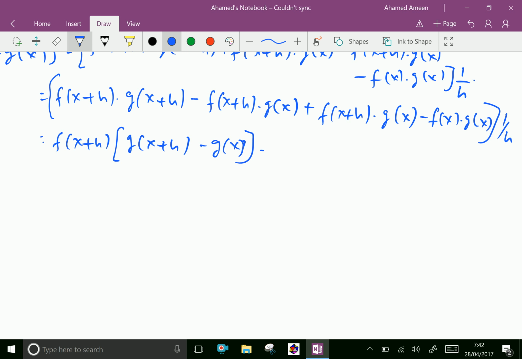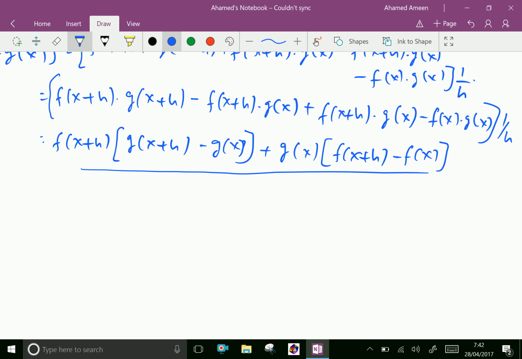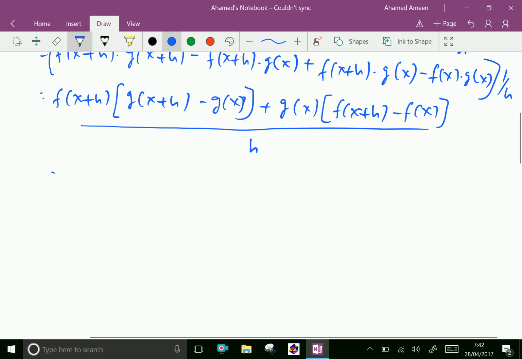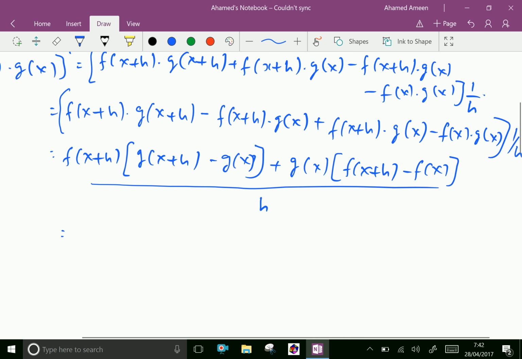Then for the second expression, take g(x) as common, then f(x+h) minus f(x), then completely divide by h, with the limit h tends to 0.